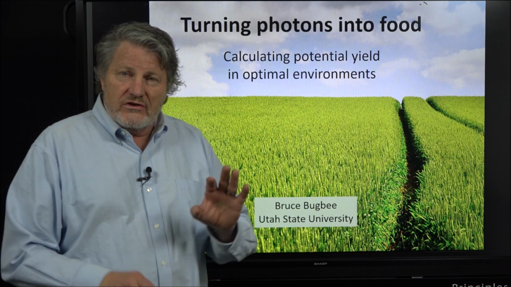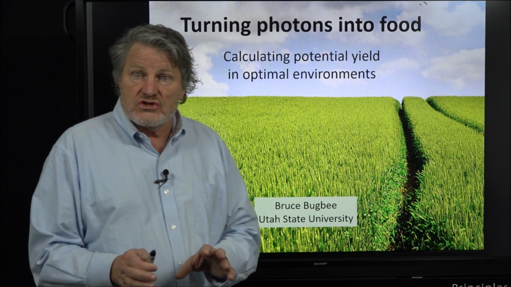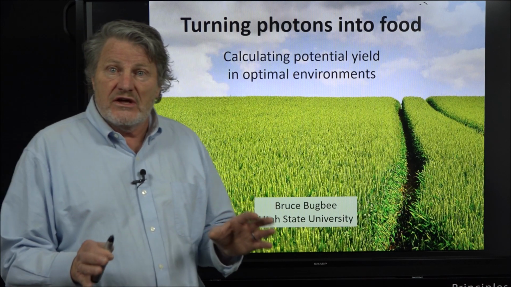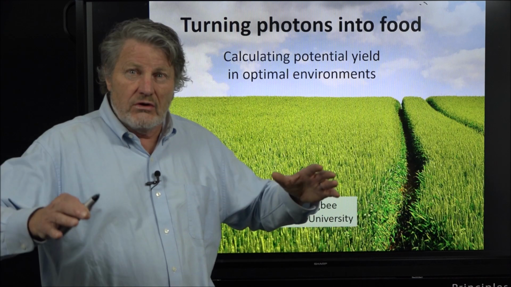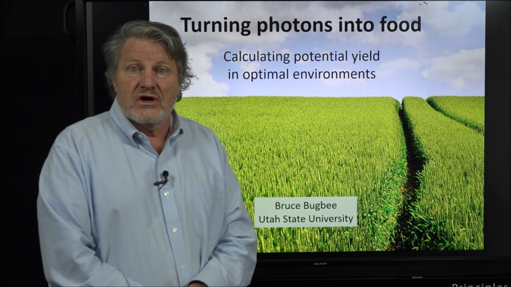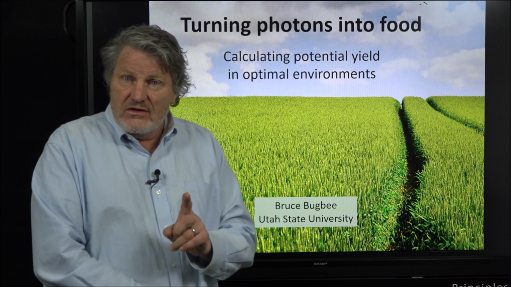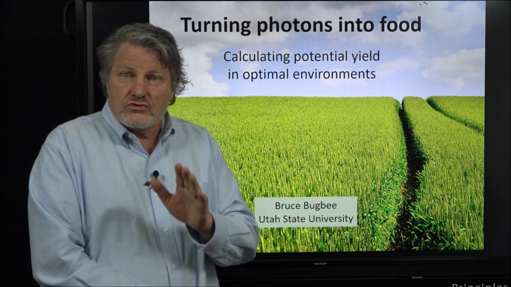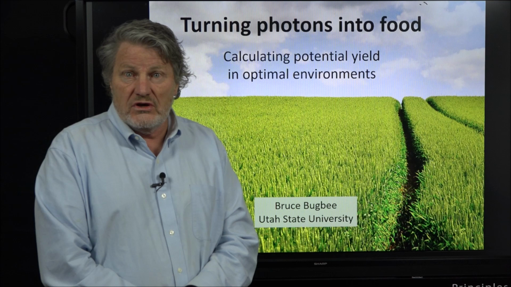But over the years, we have modified this model, which is a series of calculations, to get potential yield in indoor agriculture. And as we get better and better with indoor agriculture, it becomes increasingly important to understand what the potential is. In this talk, in the next 20-25 minutes, I'm going to just derive the potential yield from what we call first principles.